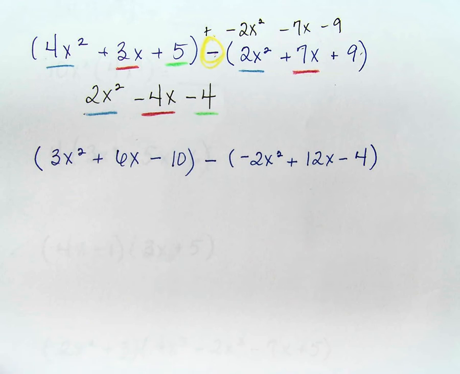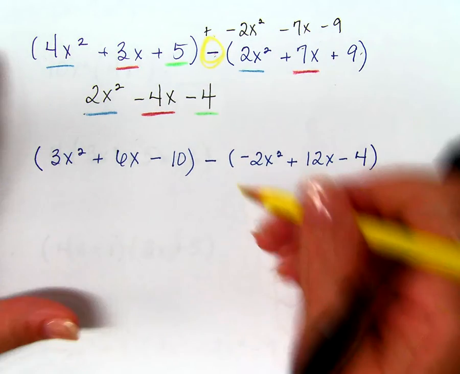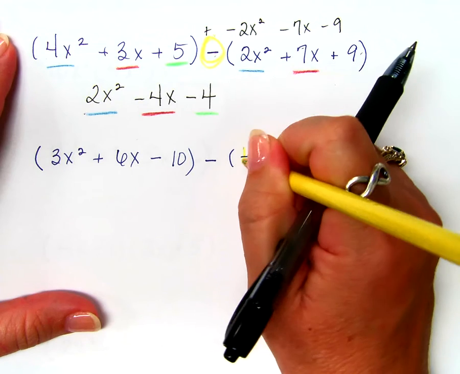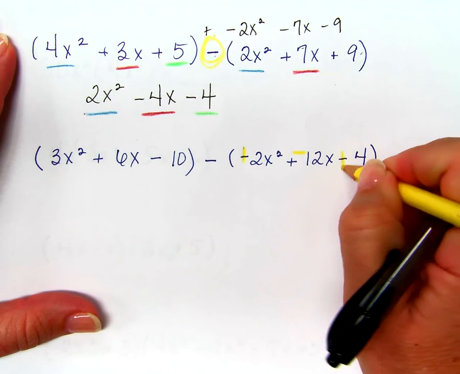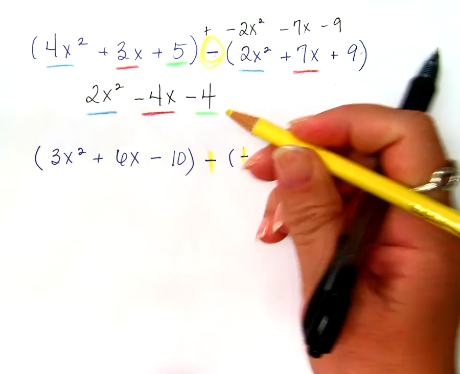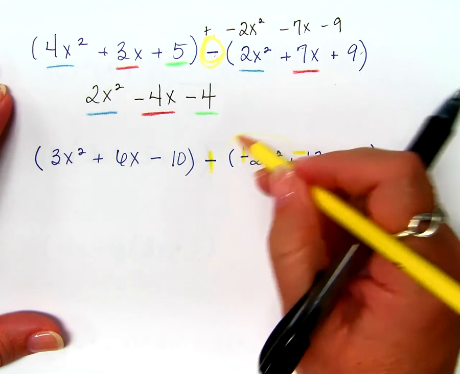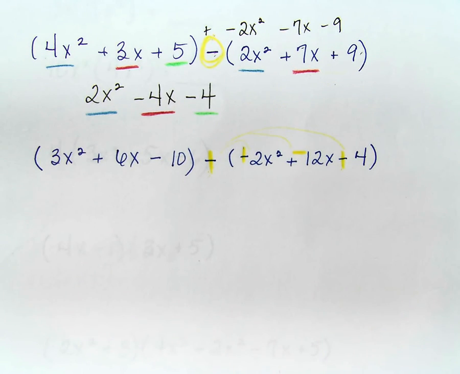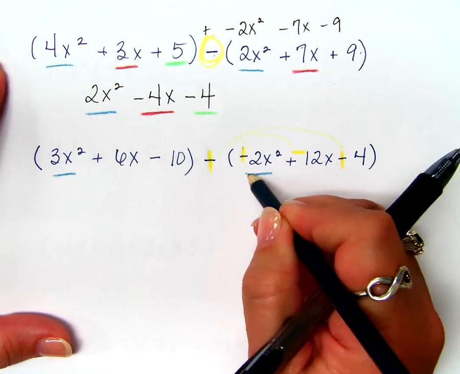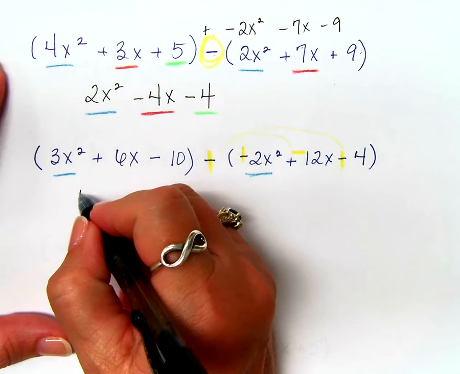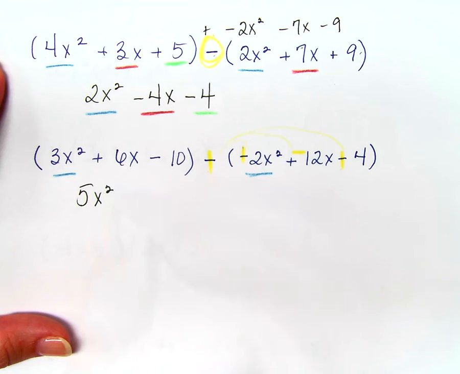All right? So I'll do this whole problem the way that I just showed you. Okay? I'm going to distribute the negative here. So this will become a positive, this will become a negative, and this will become a positive, and then it becomes an addition problem because I distribute that negative to each one of the terms here. Okay? So now I have 3x squared and 2x squared. Well, 3x squared and 2x squared is 5x squared.